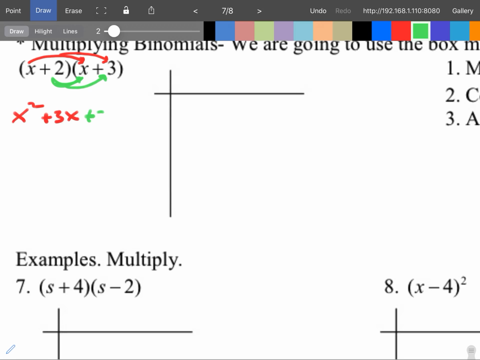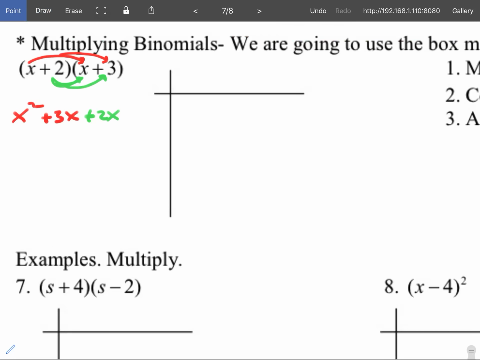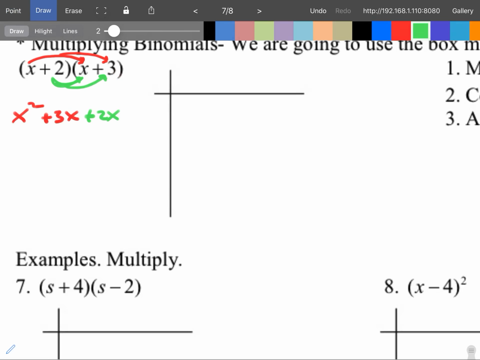So that gives you a positive 2x. That's the inner terms. That's where the I comes from in the word FOIL. And then to finish it up, you're going to do the positive 2 times the positive 3. That's the last term times the last term. That's where the L comes from in the word FOIL. So positive 2 times positive 3, that is a positive 6.